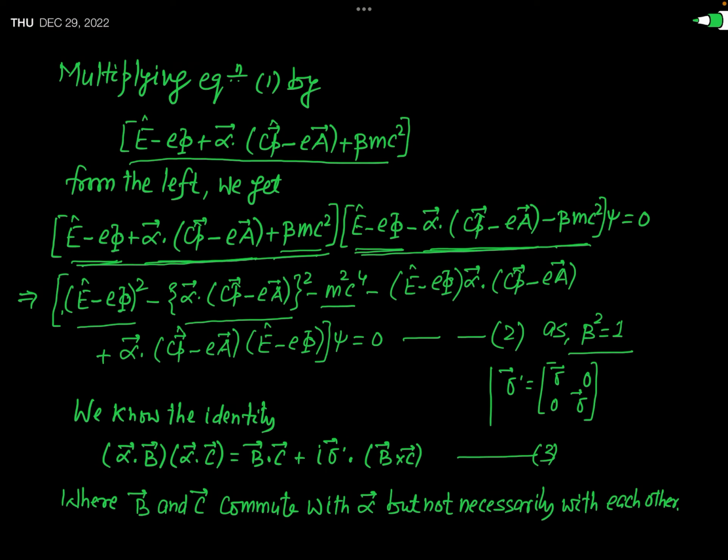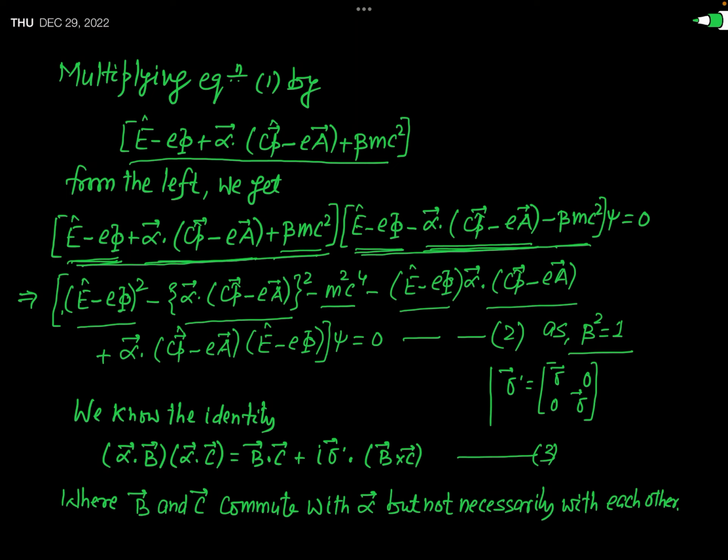Okay. Now what will the other terms be? In fact, some of the terms will cancel out. So now take the operation of E minus Eφ on the second term, that is alpha dot (Cp minus Ea). So this will be minus (E minus Eφ) alpha dot (Cp minus Ea), okay? And as these are operators, don't think about general multiplication of algebra, because here order matters.